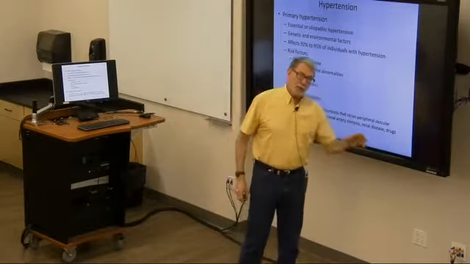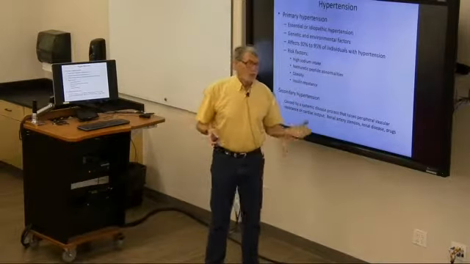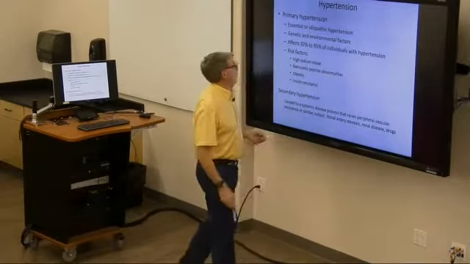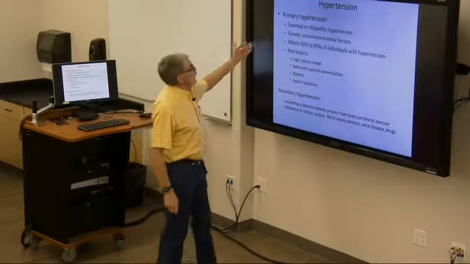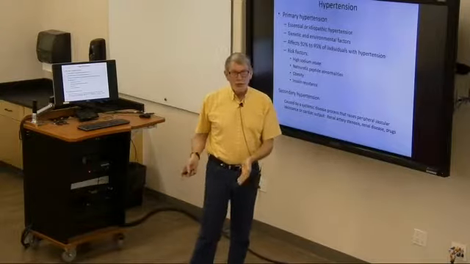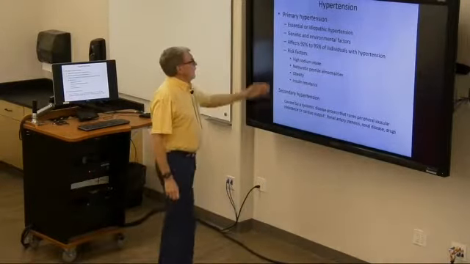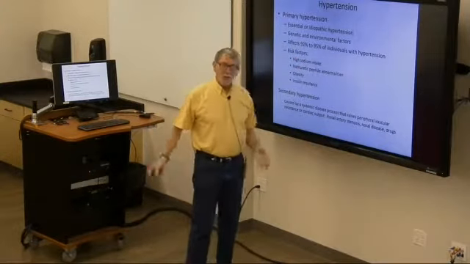Nothing else is specifically causing it. Your homeostatic imbalance is just such that it leaves your blood pressure too high. And so a lot of it's hereditary. Some people have hypertension even if they're skinny, if everything else is okay. But genetic and environmental factors combine.